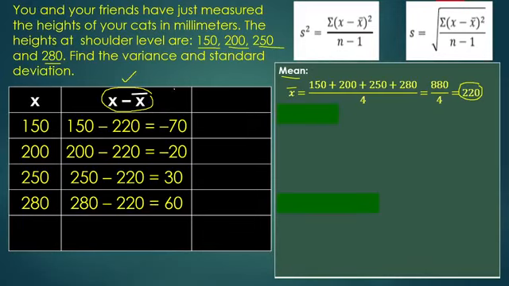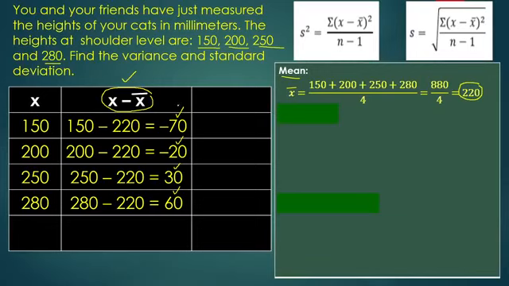Now, if you're gonna add negative 70, negative 20, positive 30 and positive 60, how much do you get? 0. This was the concept a while ago. If you're gonna be adding the deviations, this is what you call the deviations. Kini, difference sa mean ug sa score. If you're gonna add all the deviations, the result is 0. So there is nothing wrong with our solution. This is totally correct because the sum of our deviation is 0.